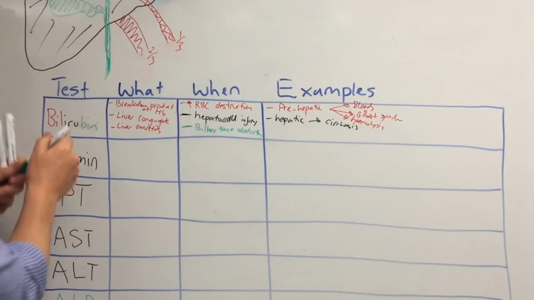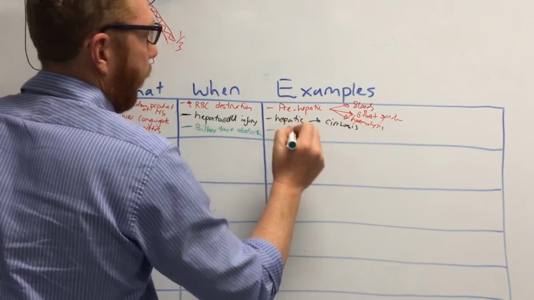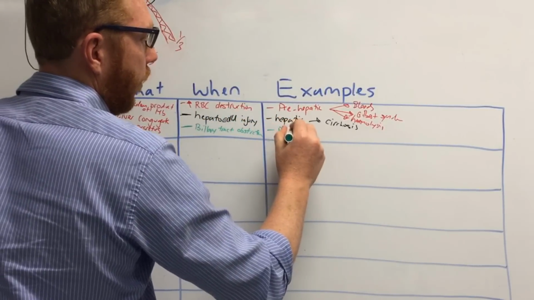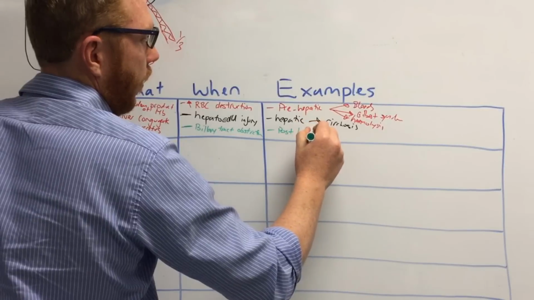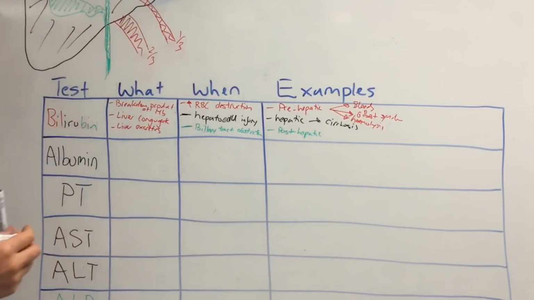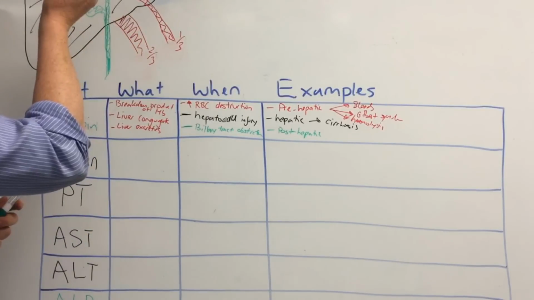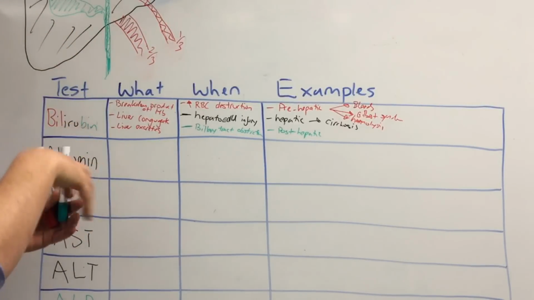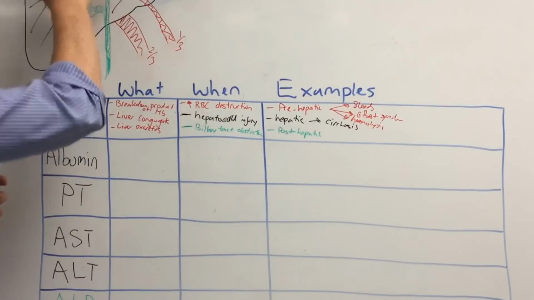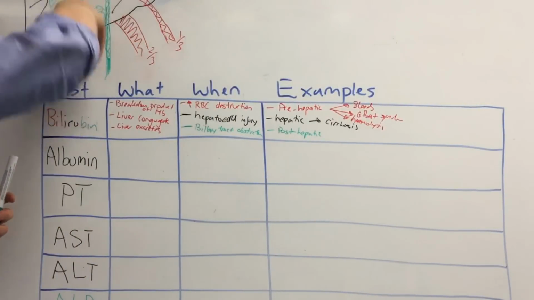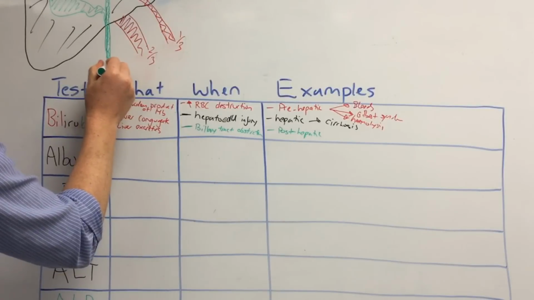Now, the last one would be a post-hepatic cause. What would happen there is the total could be slightly high, but the proportion would be mostly conjugated, because the liver is conjugating and excreting, but you've got a blockage.